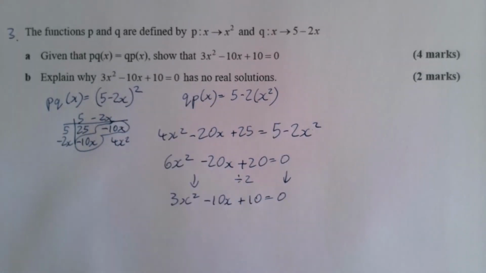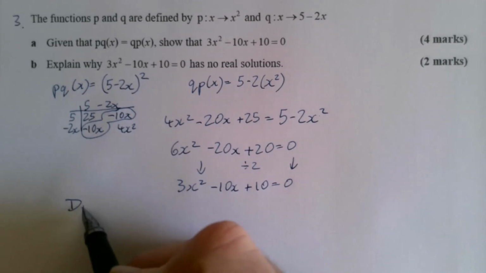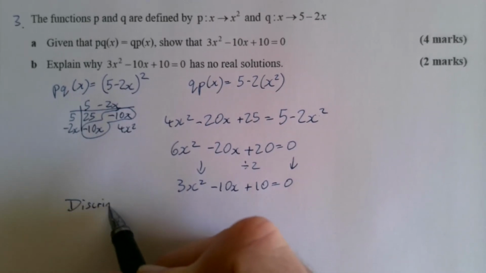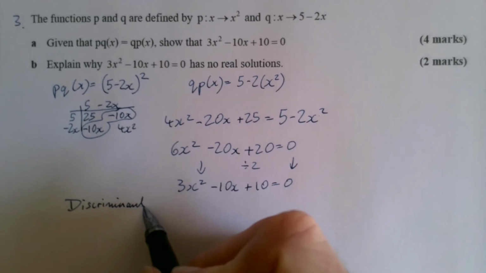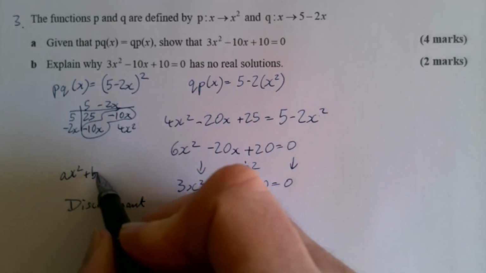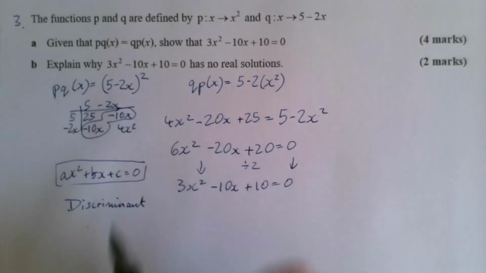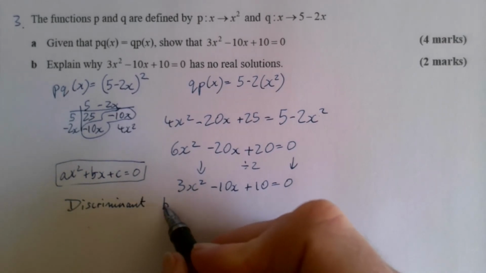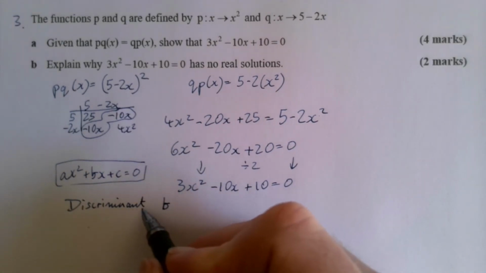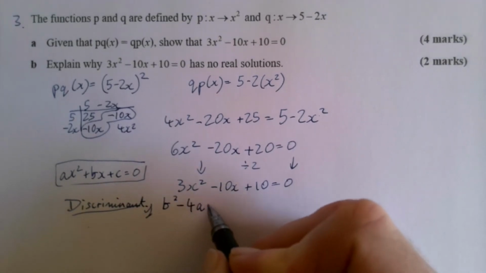Explain why it's got no solutions. You've got 2 routes you can take. The easiest one is using the discriminant, because remembering your ax squared plus bx plus c equals 0 form, the discriminant will always be b squared take 4ac.